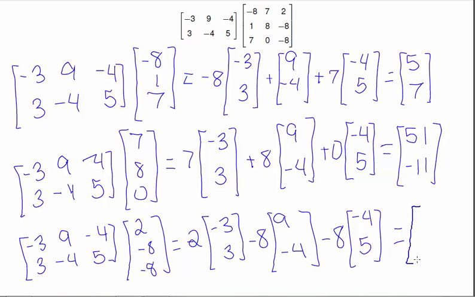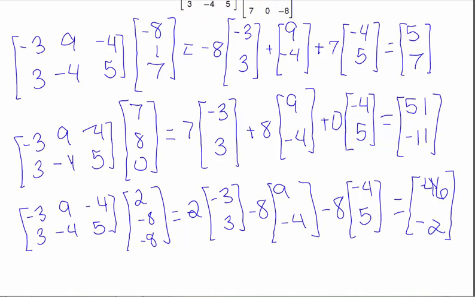So this gives me -6 minus 72 plus 32, which is -46. I then have 6 plus 32 minus 40, which is -2.